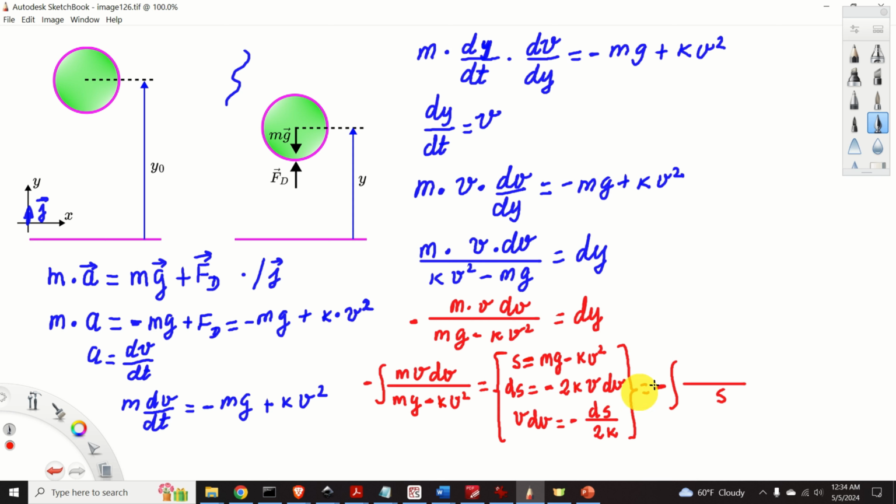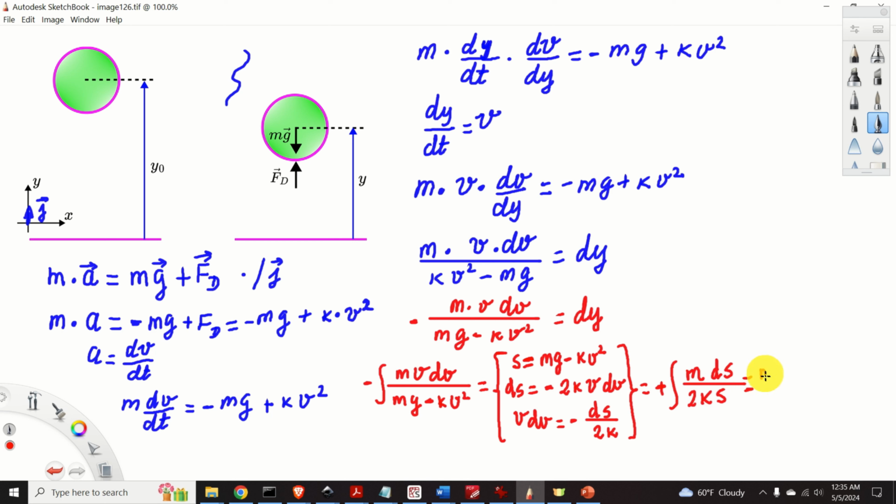This minus goes out, and if we multiply minus and minus, we obtain plus over here. Then, what else do we have? We have m, then we have ds, and over here we will have 2k. Let's continue.